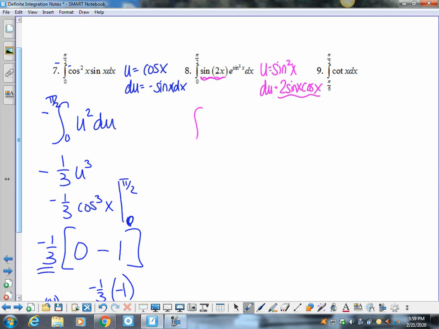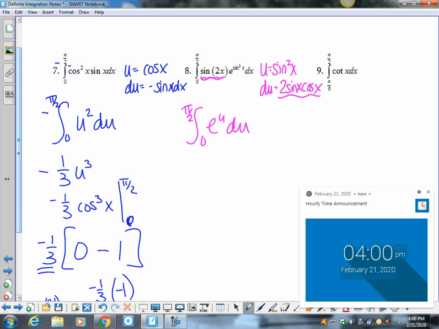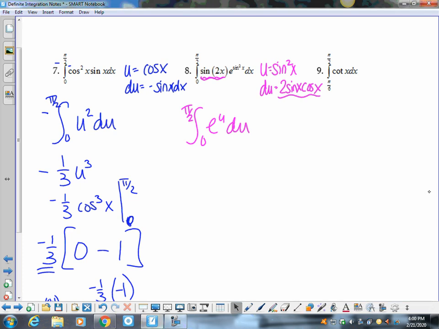So I have the integral of 0 to pi over 2 of e to the u du. So when I integrate that, that's going to give me e to the u, which is e to the sine squared x from 0 to pi over 2. Okay, so this is going to be e to the sine squared of pi over 2.